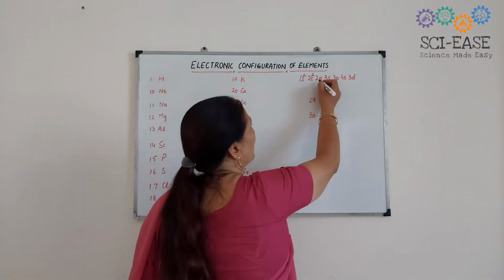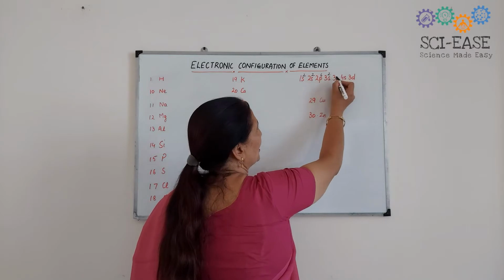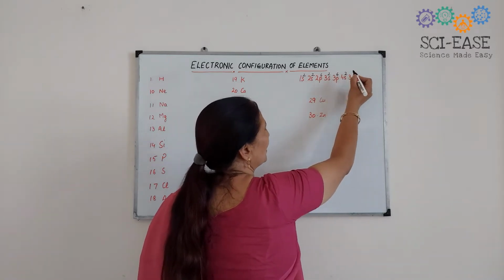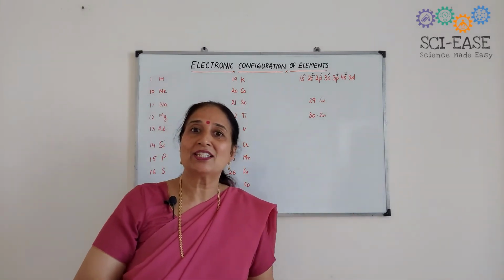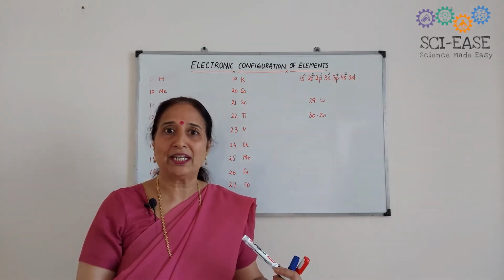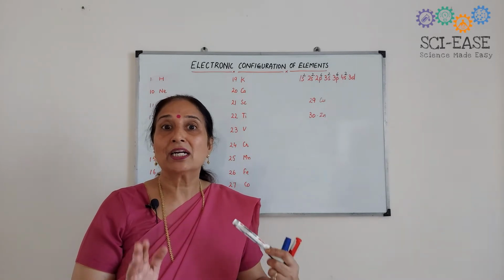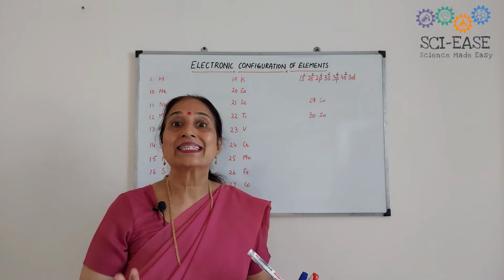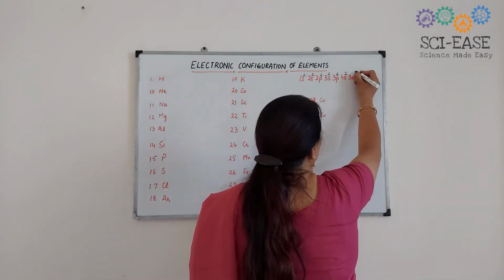So p 6, 3s 2, 3p 6, 4s 2, and 3d. The d subshell has 5 orbitals, so the maximum number of electrons that can be accommodated in d subshell is 10. So d10.